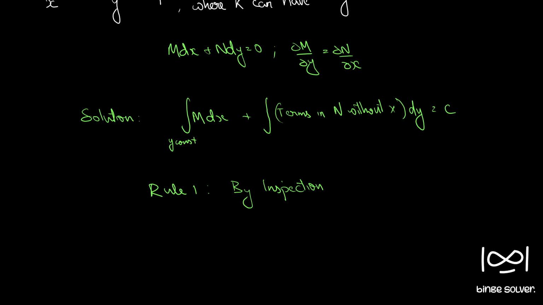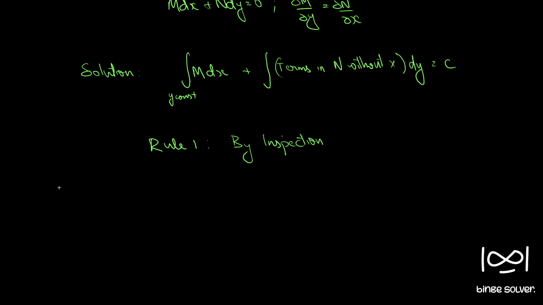If you have confusion, we solved many questions. Many differential equations were solved using the concept of rule 1. So you can go and check the old videos to get clarity on the topic. So rule 1 was by inspection.